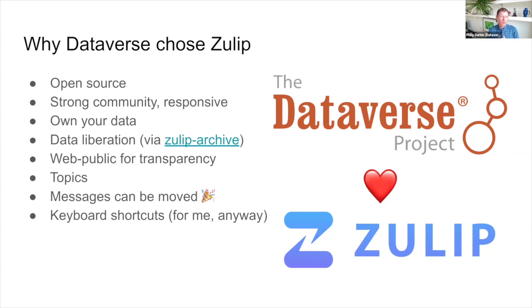Topics, again, let you stay calm when you're trying to catch up on chat messages. It's a huge help. And messages being able to move from place to place helps a lot there too. And I haven't talked too much about keyboard shortcuts, but I use them all the time, and I find it a very efficient way to navigate around Zulip.